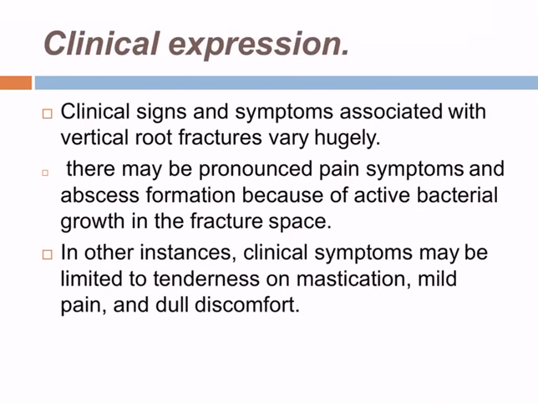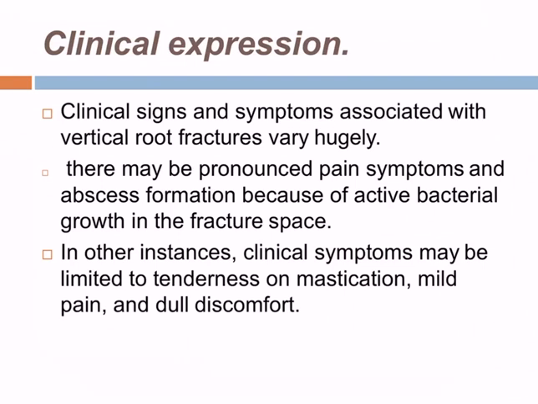So what is the clinical expression in vertical root fractures? You should know that the clinical signs and symptoms associated with vertical root fractures vary hugely. There may be pronounced pain symptoms and abscess formation because of active bacterial growth in the fracture space. In other instances, clinical symptoms may be limited to tenderness on mastication, mild pain, and dull discomfort.